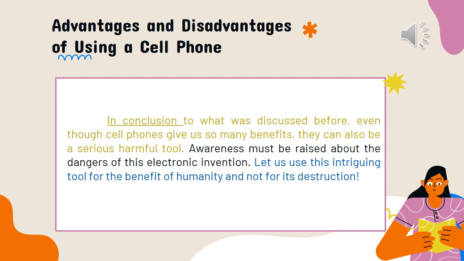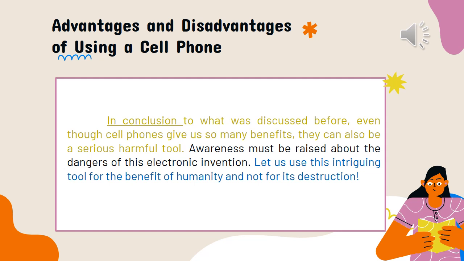In conclusion, the transitional word, of course, because this connects and moves slowly from one paragraph to another in an essay, and it tells me that in this paragraph I'm concluding my essay. So in conclusion to what was discussed before, even though cell phones give us so many benefits, they can also be a serious harmful tool.